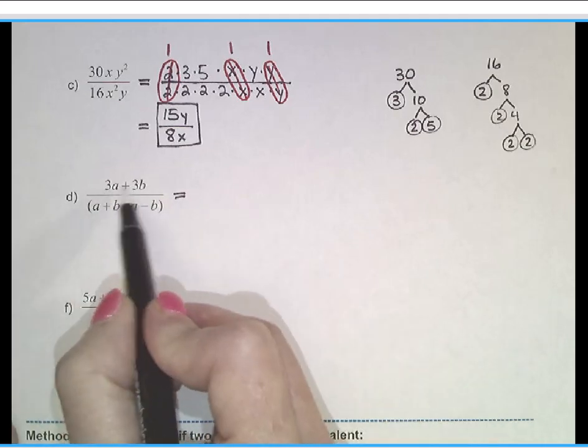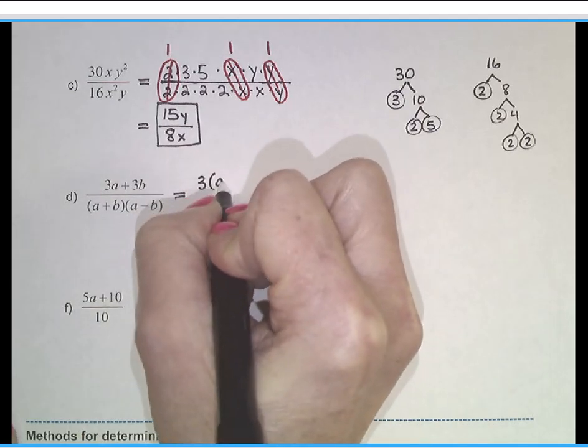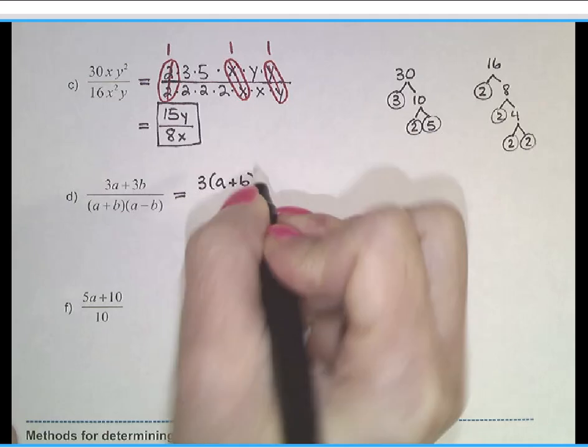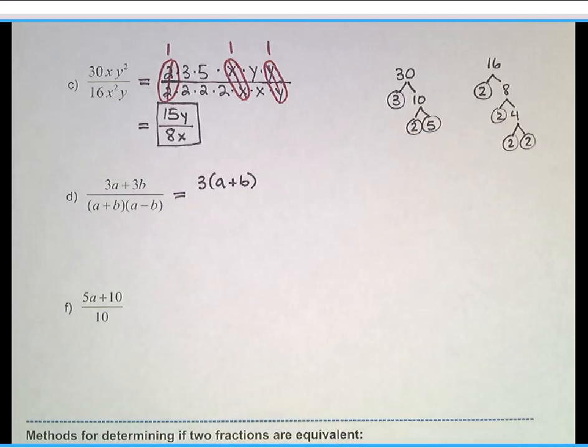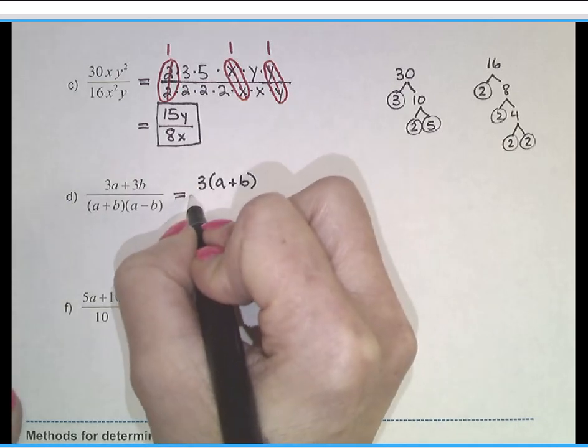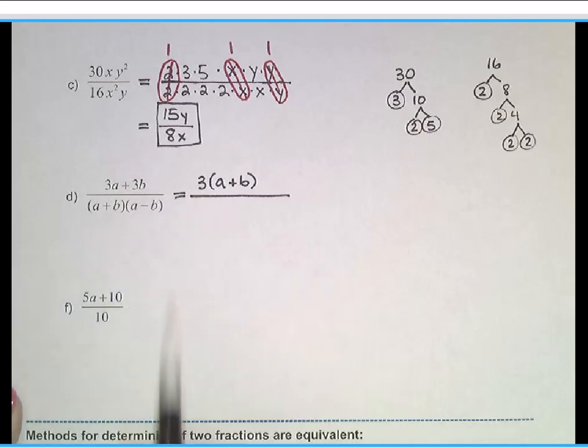So instead of writing the 3 twice, I'm just going to write the 3 once and say that it was distributed to the a and the b. So we are like undistributing. That's what factoring is. So instead of writing the 3 twice, you can get away with just writing it once. That's a simpler way to write it.